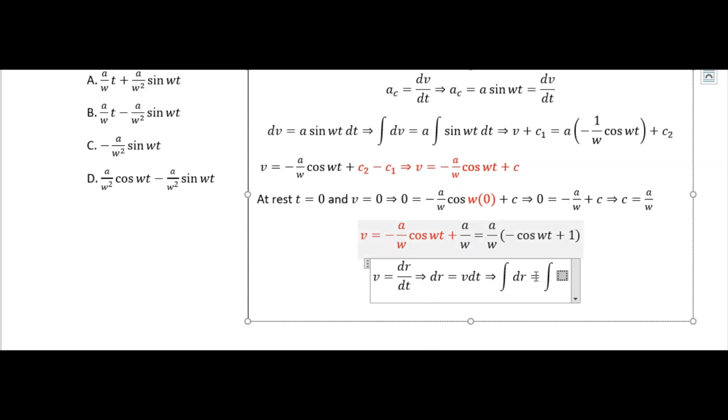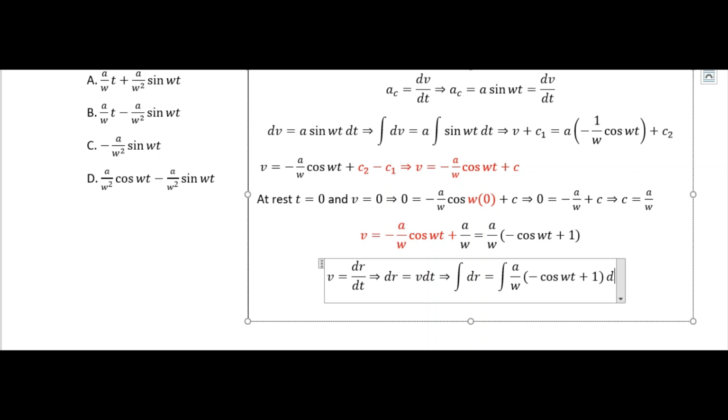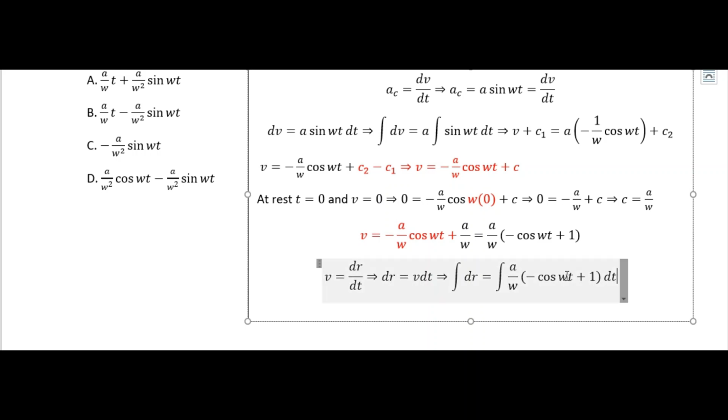Remember, it's indefinite. In the place of v, I replace it with this, then multiply it with dt, and I'm integrating with respect to t. If I integrate the left hand side, I'm just going to get r, plus a constant of integration. Maybe I can call it k1, for example, this time around.